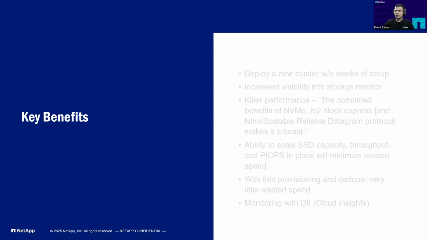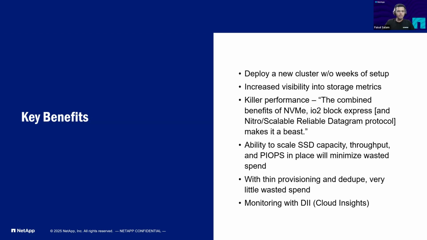Yeah. So here we look at some of the key benefits from our experience with FSx. One of the key advantages is the ease with which you can deploy the file system, as well as monitor the storage-related metrics directly from within the AWS FSx console.